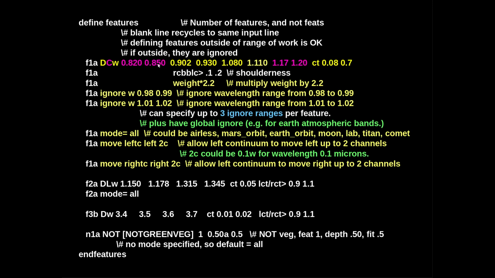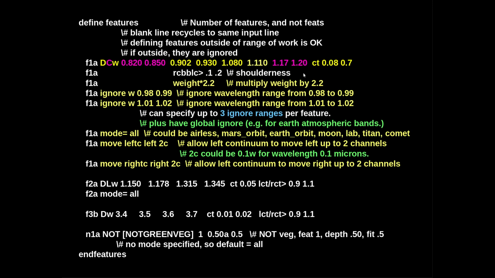The leftmost continuum interval describes the curvature relative to the next leftmost continuum interval. Then on the other side of the absorption band minimum, there's the right continuum and the second right continuum. If this was an uppercase L, you wouldn't have the pink numbers here, just the yellow, so you'd have two sets of continuum intervals.